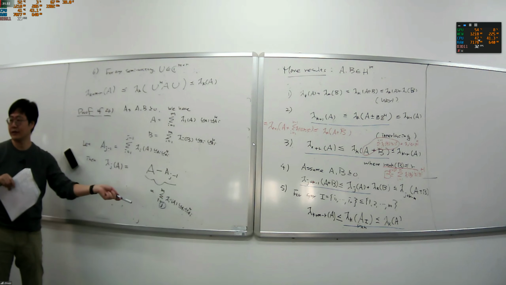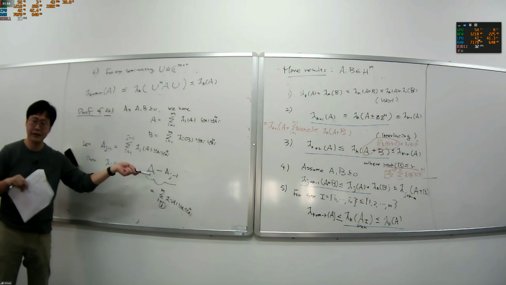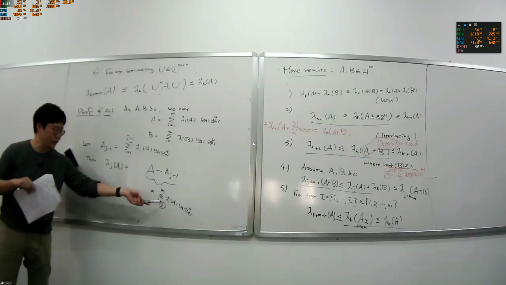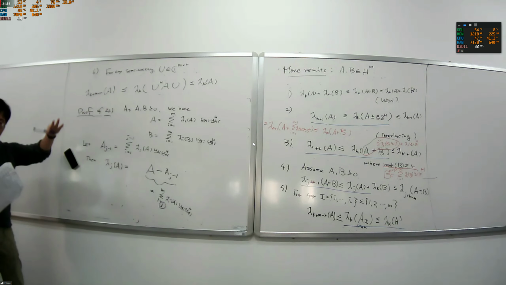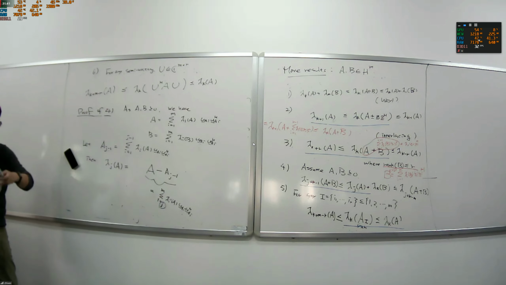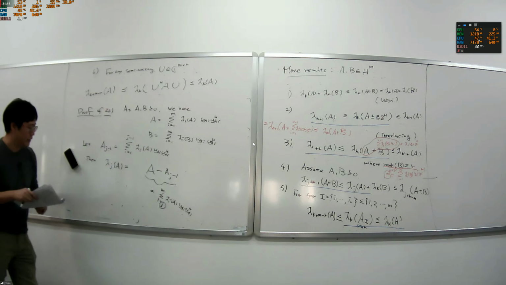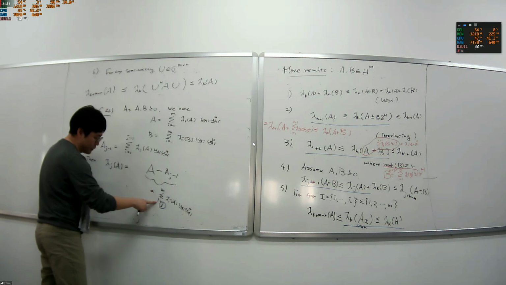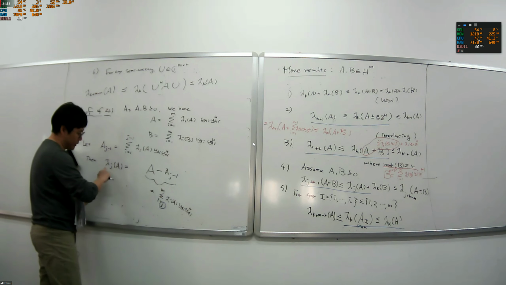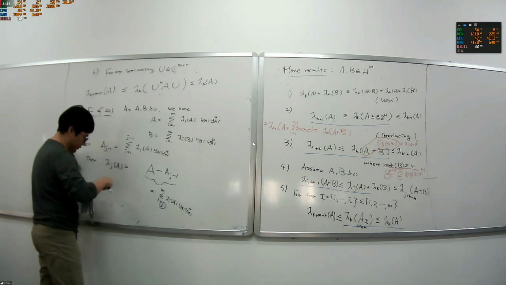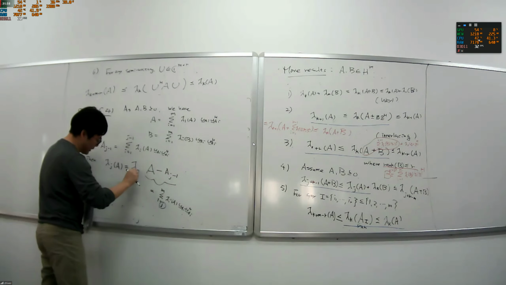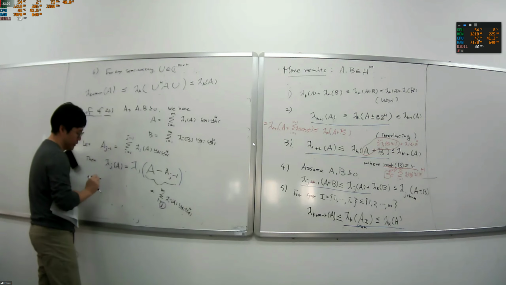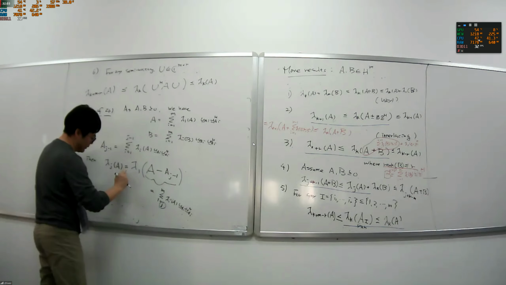It's lambda j, because it's PSD. All these are non-negative, all above zero. So lambda j is equal to the largest eigenvalue of this new matrix, as A is PSD.